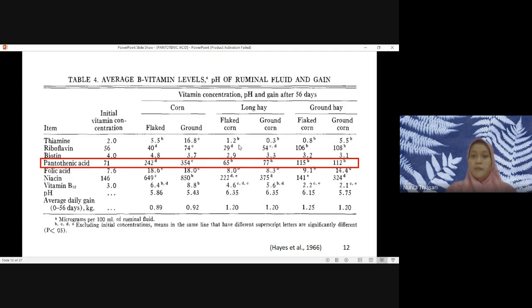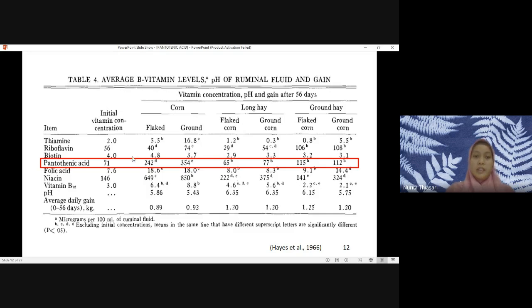And then for the long hay and ground hay with the addition of flake and ground corn, the long hay has the lowest one compared with the ground hay. Even though the notation is not different, it is lowest compared with the ground hay.